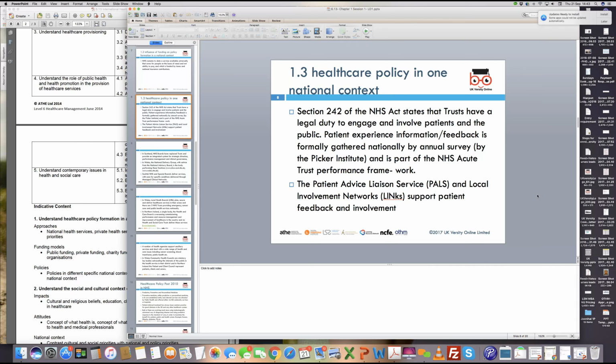So if you have an acute problem, you ring up the ambulance service. They pick you up, they bring you to the hospital, and the NHS Act says the patient needs to be looked at within 2 hours of being present in the hospital.